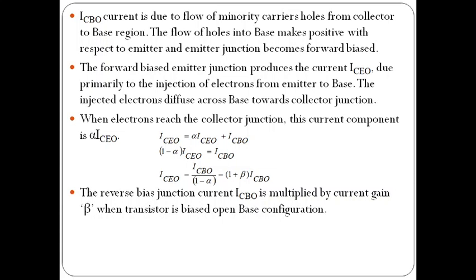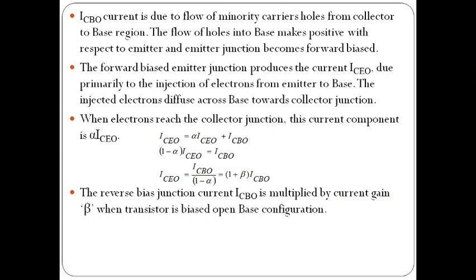It's the relationship between ICO and ICBO. So 1 by 1 minus alpha equals 1 plus beta. We know it is already derived in the common emitter configuration. So ICEO equals 1 plus beta into ICBO. So the reverse bias junction current ICBO is multiplied by the current gain.